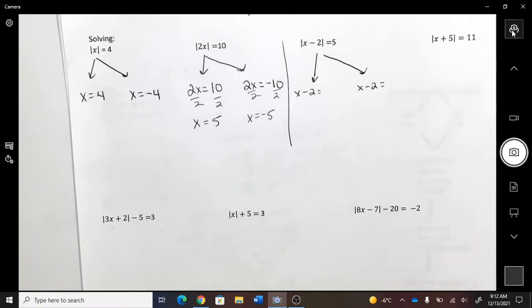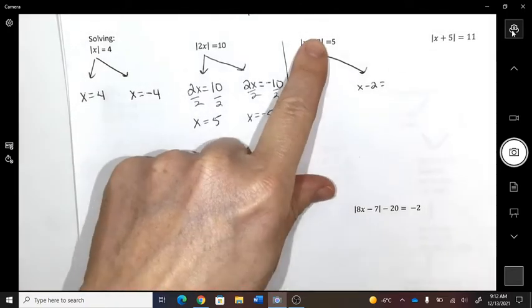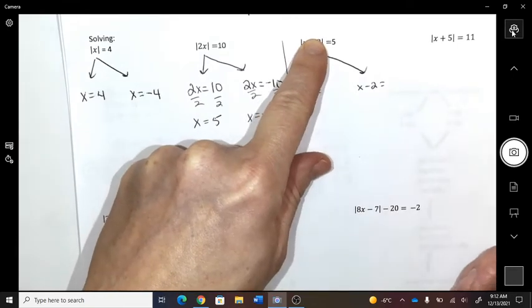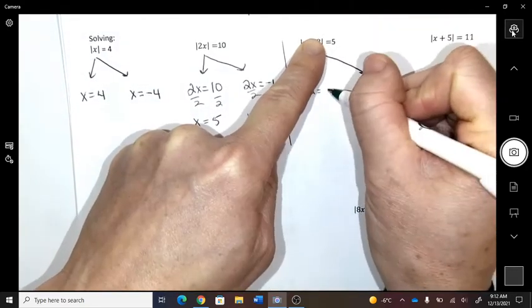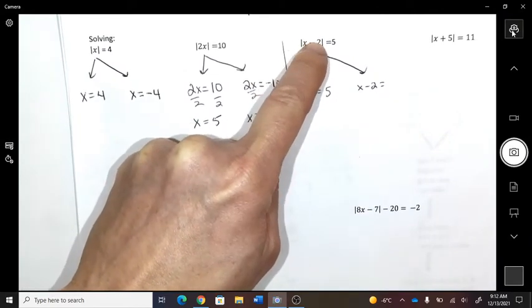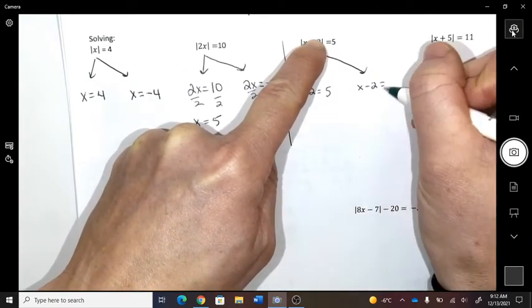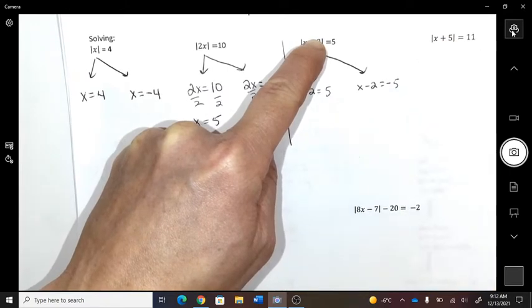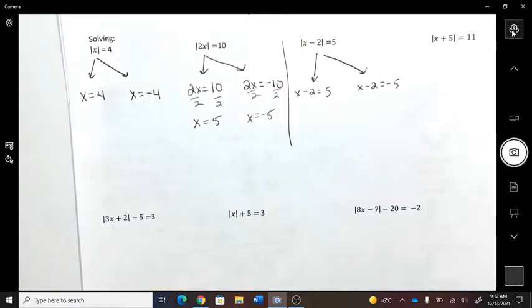What number could we have inside the bracket? The inside of the bracket could equal 5, or what else could we have right in this position? We could have had a negative 5. So the inside of the bracket could have been a 5, or it could have been a negative 5.